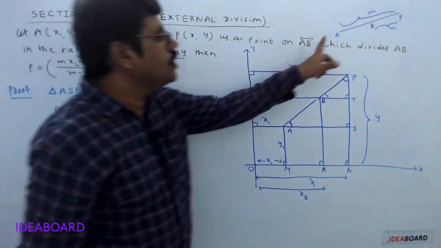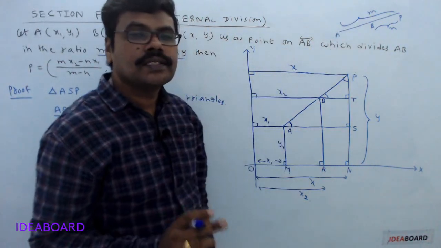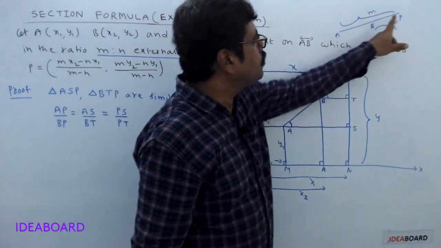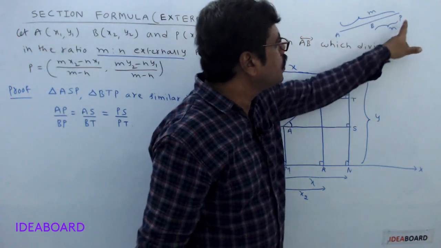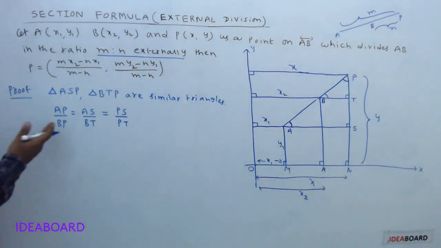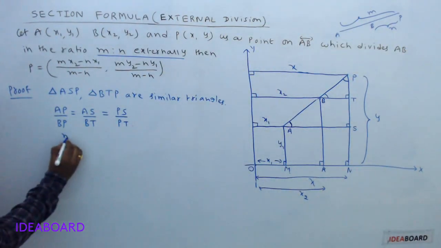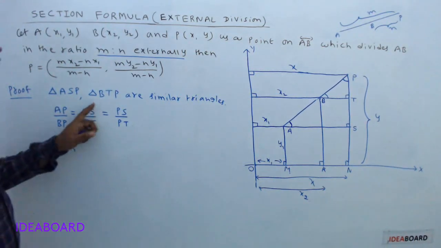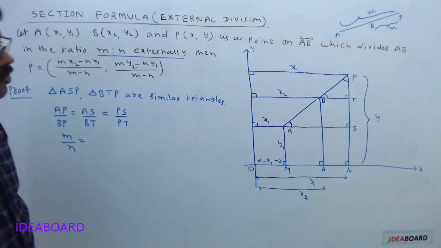P divides AB in the ratio m:n externally means distance from A to P is m, distance from P to B is n. So substitute those values in this. It is m divided by n equals AS. Now look at the diagram.